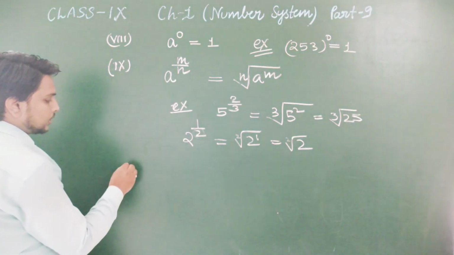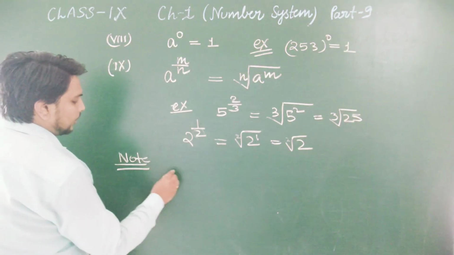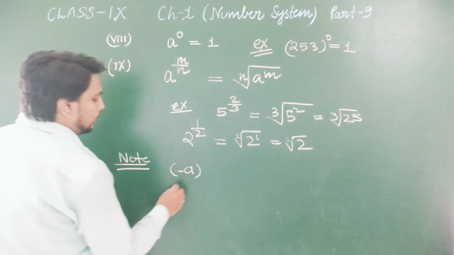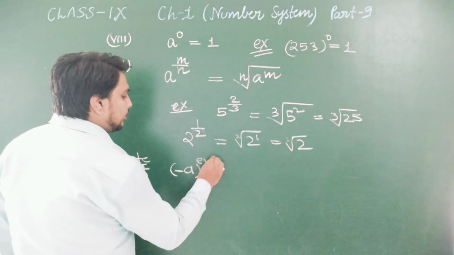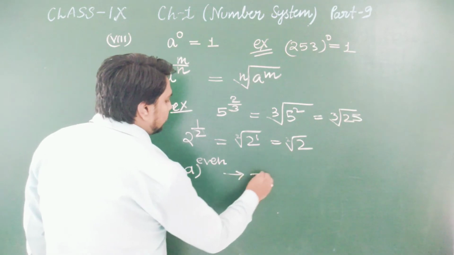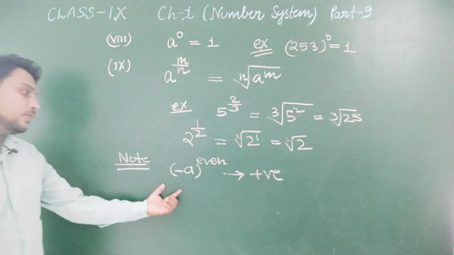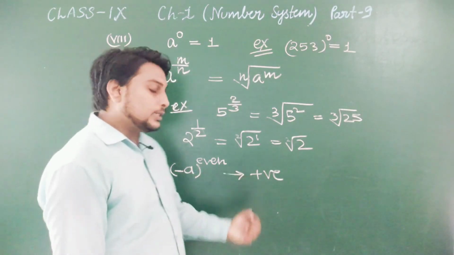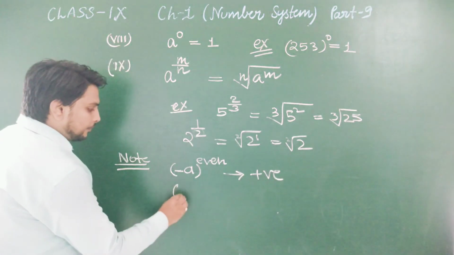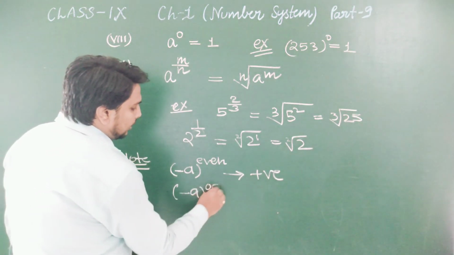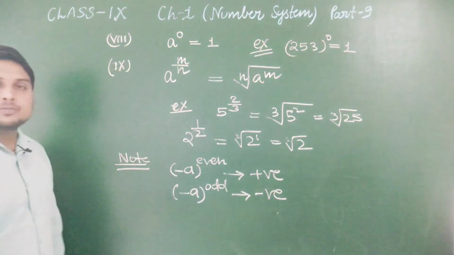And apart from this, you can note down that if there is a negative number and the power of that negative number is even, then it will give you a positive result. And if there is a negative number but the power is odd, then it will give you a negative result.